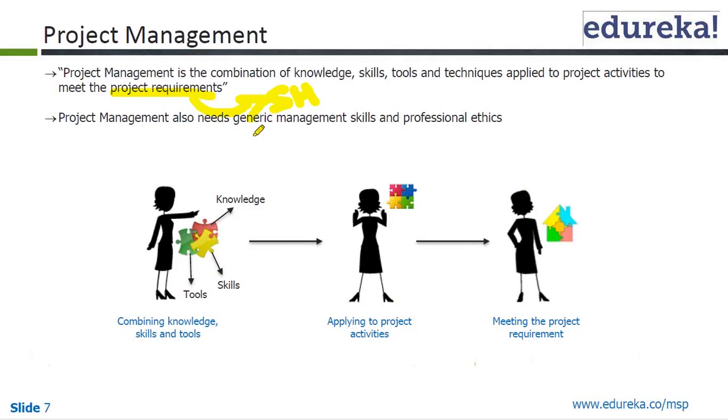Project management also needs generic management skills and professional ethics. So what are generic management skills? You need to know accounting, finance management, human resource management, operations management, and what the strategy is and how we use it, and so on. Those are the skills that are very useful in project management. And we all have minimum professional ethics that we operate around.